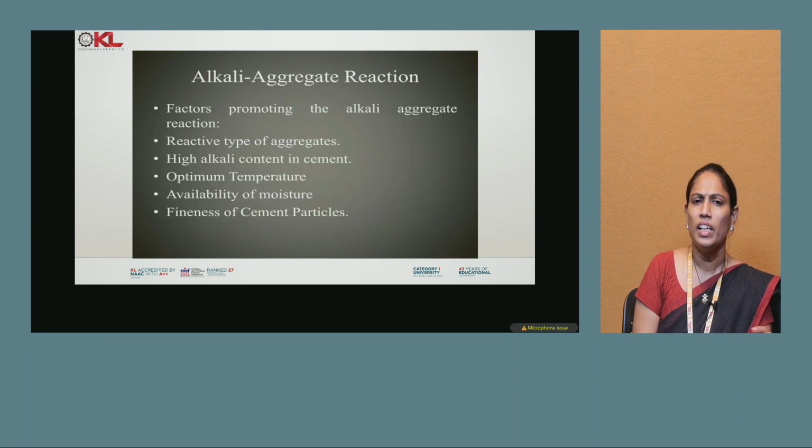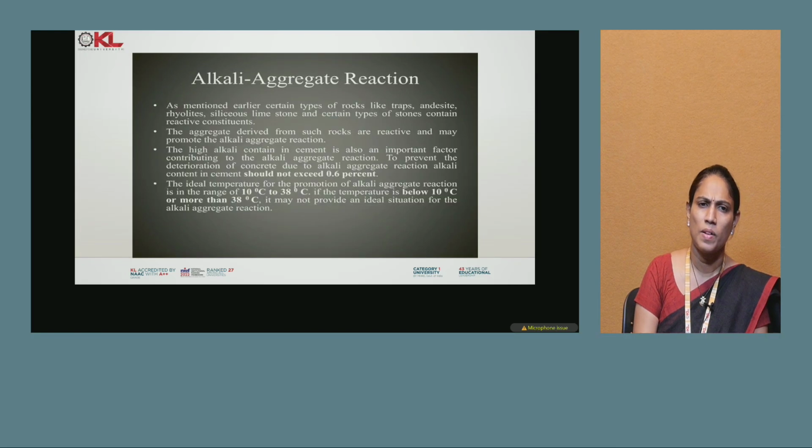So see alkali aggregate reactions. Factors promoting the alkali aggregate reaction are reactive type of aggregate, high alkali content in cement, optimum temperature, availability of moisture, and fineness of cement particles. As mentioned earlier, certain types of rocks like traps, silica, limestone and certain sandstones contain reactive constituents.